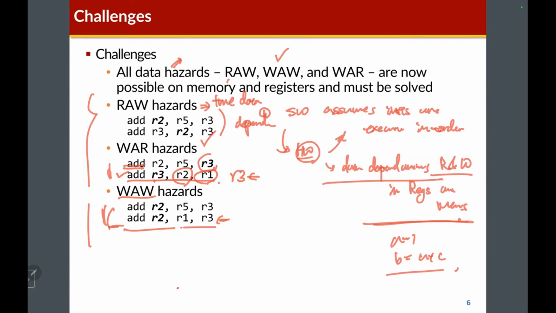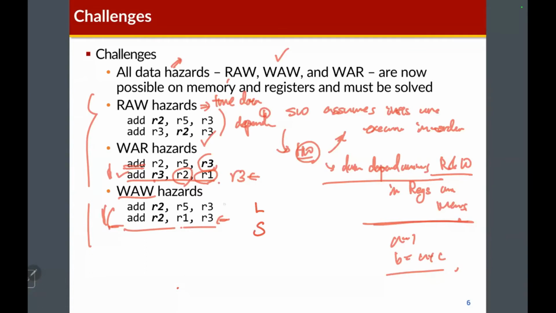It's the same for memory. So what can we find here? We can apply load and store instructions to these cases: RAW hazard, WAR hazard, and WAW hazard.